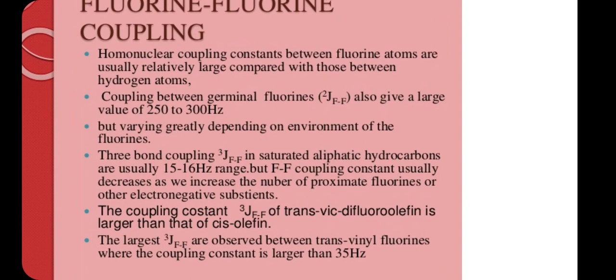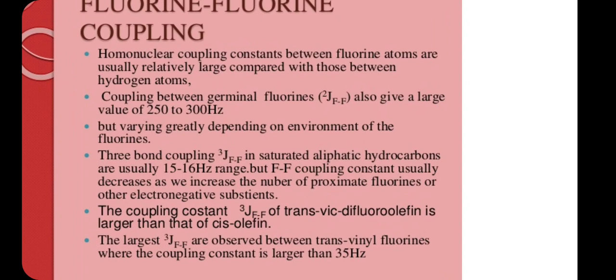Coupling between geminal fluorines also gives a large value of 250 to 300 Hertz, but varies greatly depending on the environment of the fluorines. The 3-bond coupling, 3J, in saturated aliphatic hydrocarbons is usually in the 15 to 16 Hertz range.